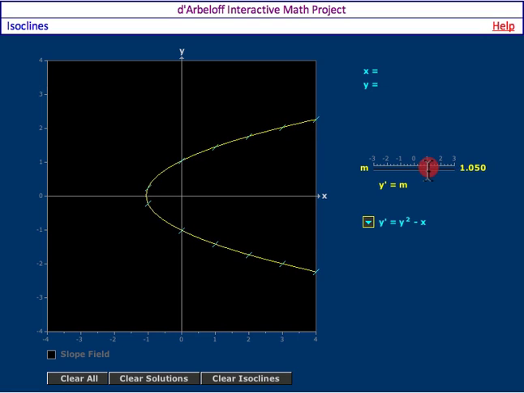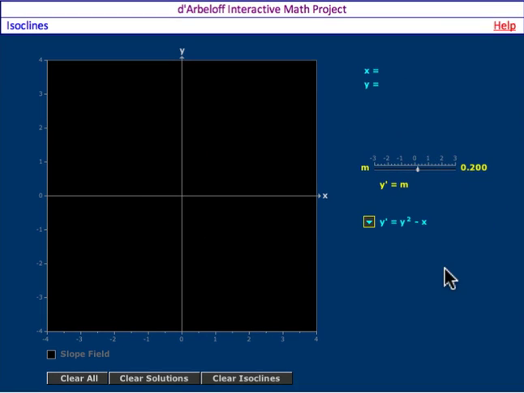And you can see the value of the slope field drawn as well. So here the value is 1, and the slope field is given by little intervals of slope 1. I can choose that value using the slider marked m.